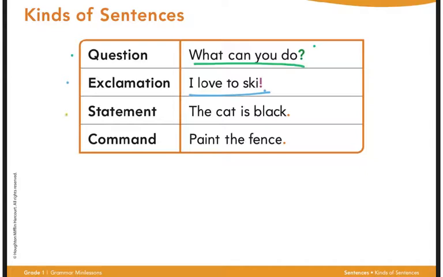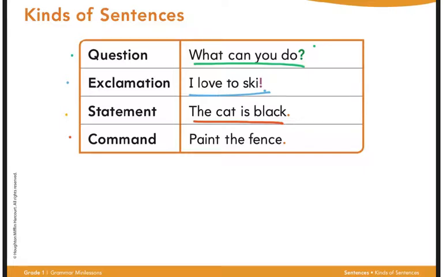Okay. Next, we have those statement and a command. Remember, both of these end with a period. But let's take a look at how they're different, okay? The cat is black. That isn't telling anybody to do anything. It's just telling us a fact, kind of. It's telling us something.